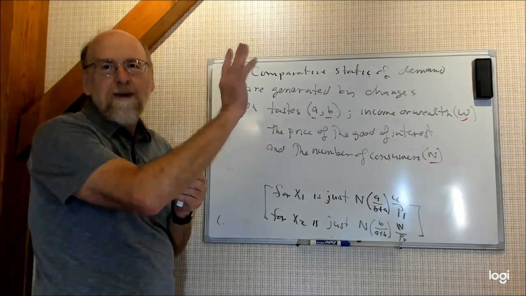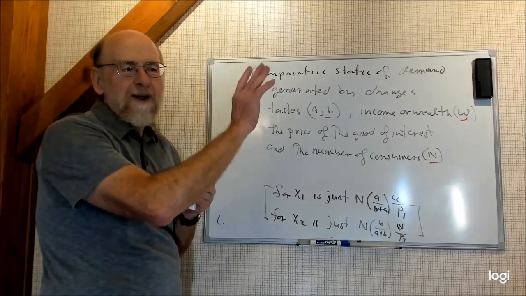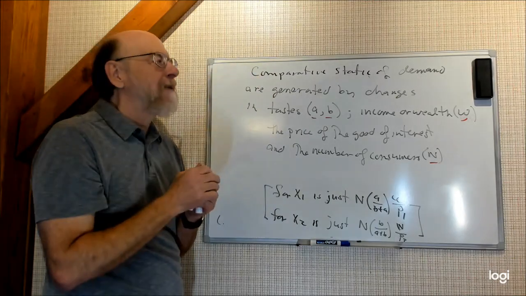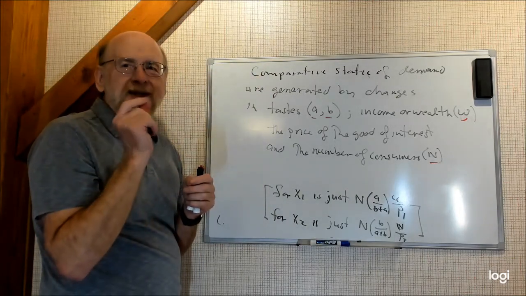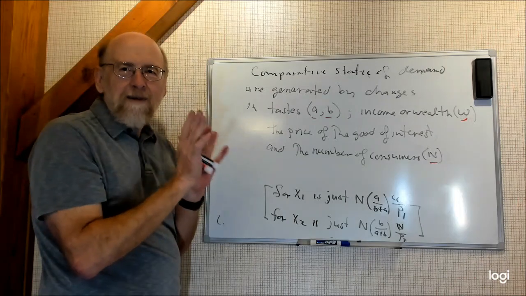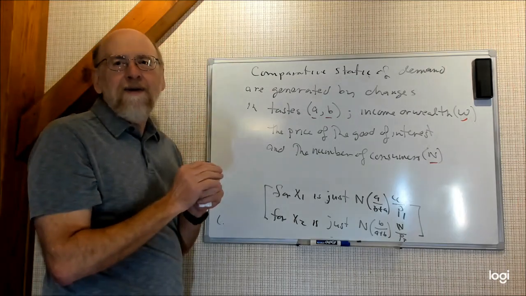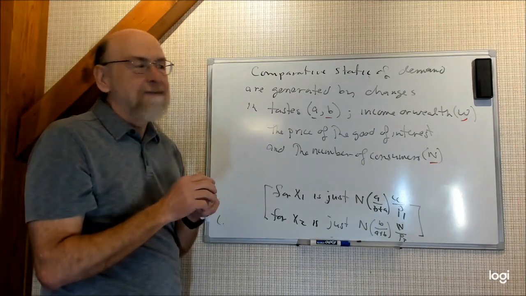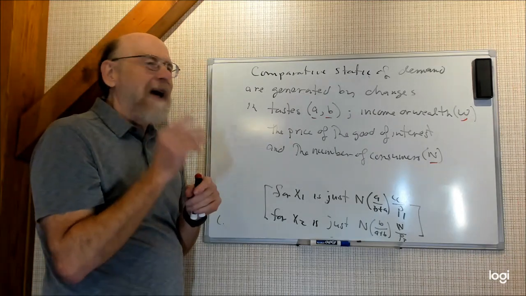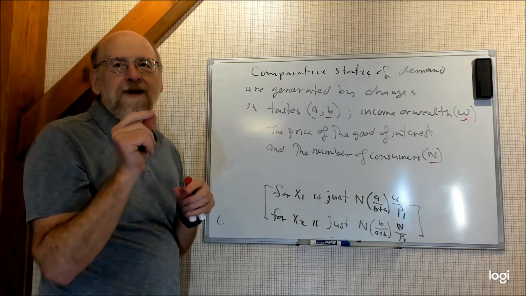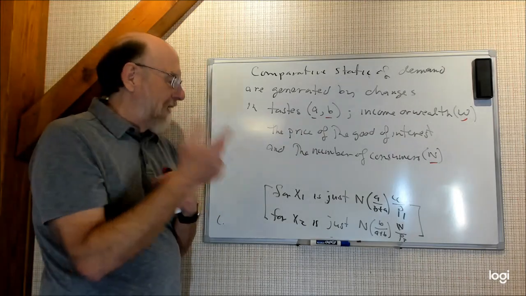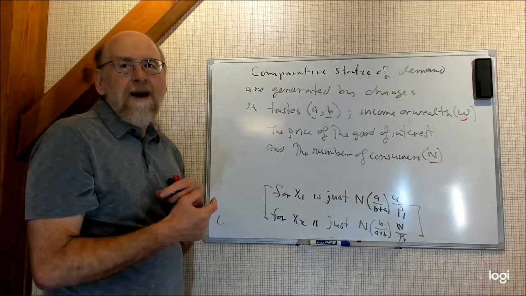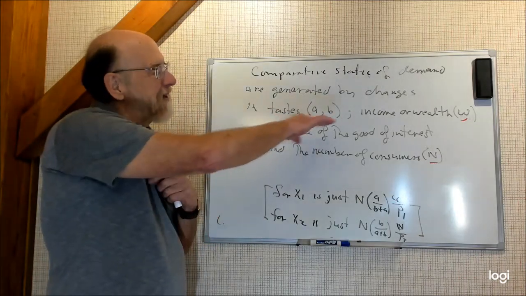We just assume that they're fixed for the period of identifying the consumer's demand and the market demand. But when we're doing comparative statics, once we find out what the demand curve is, we want to think about how changes in those variables would affect the level of demand. That means we want to take derivatives of the quantity demanded, x1 star or x2 star, with respect to these other variables.